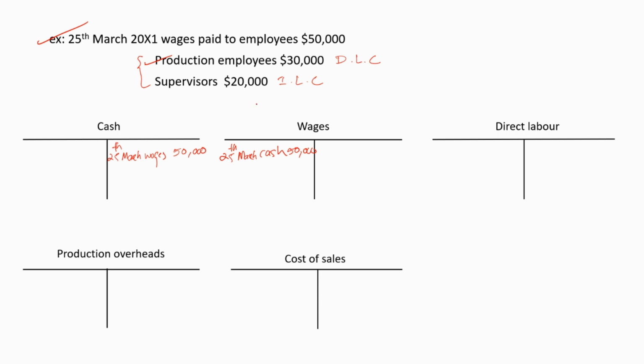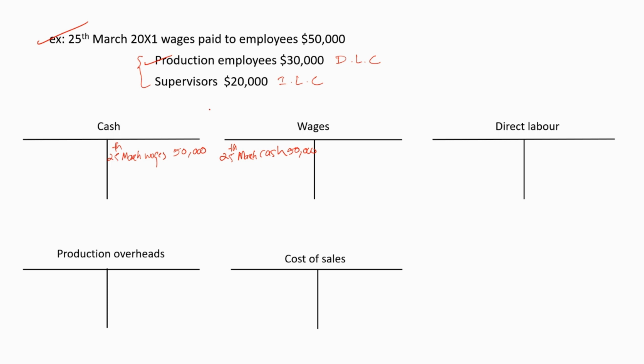Now what we have to do is separate the wages amount into two separate accounts. This is because now the company is using an integrated system. This is where the financial accounting and the management accounting are done in the same set of financial records. As you can see, the initial record of this transaction will be done by the financial accountants.